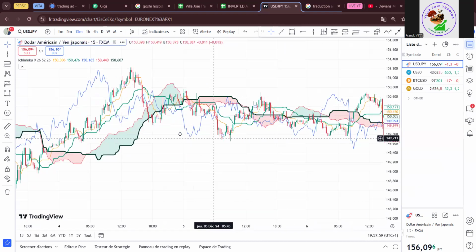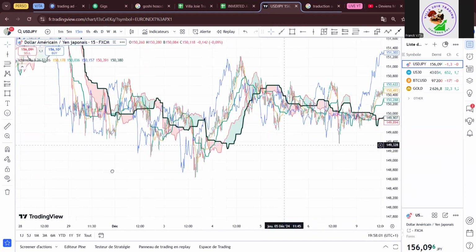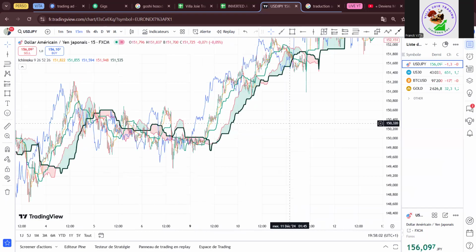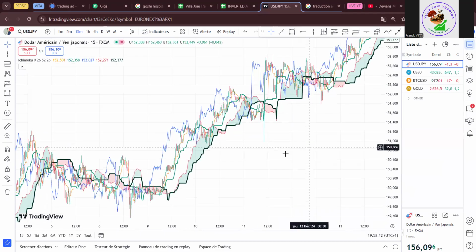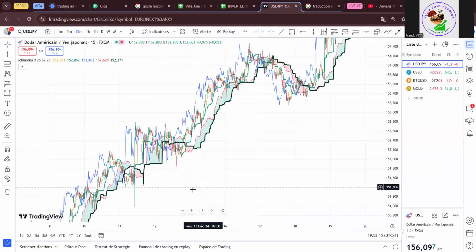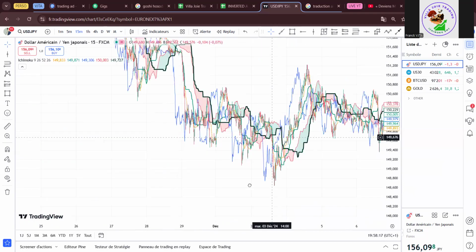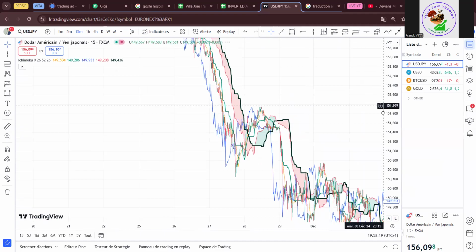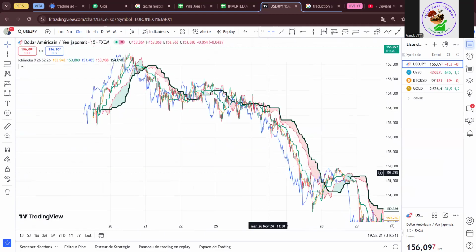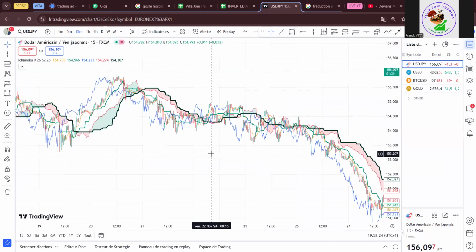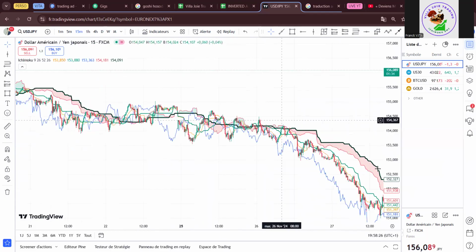Let me show you an inverted SSA, for example. Okay, let me show you this one.